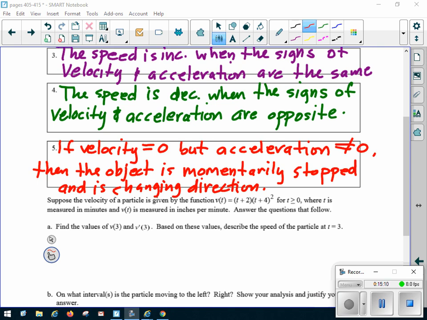Okay, you put on the brakes, so your velocity is negative, but your acceleration is positive. That makes you slow down. If the velocity and acceleration have opposite signs, you are slowing down. If the velocity and acceleration have the same sign, you are speeding up.